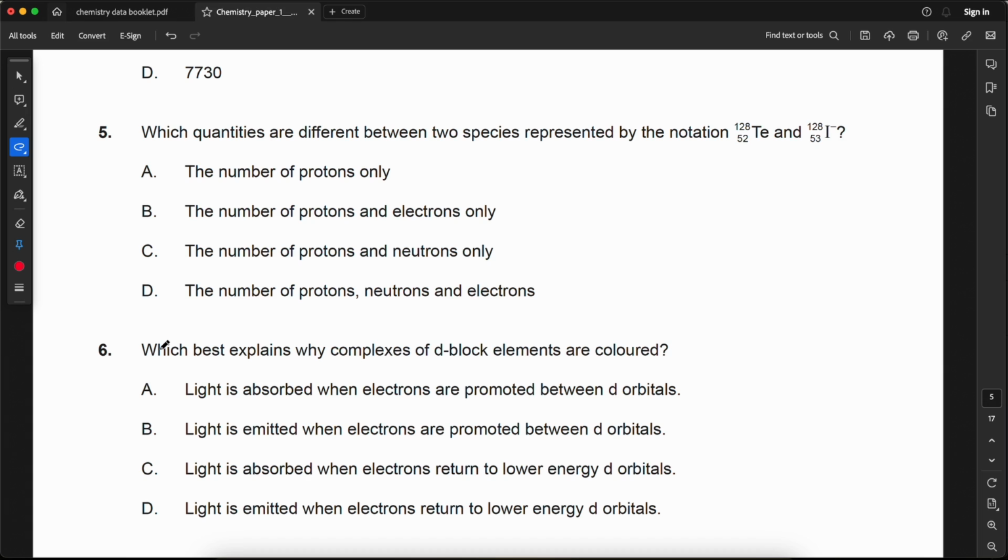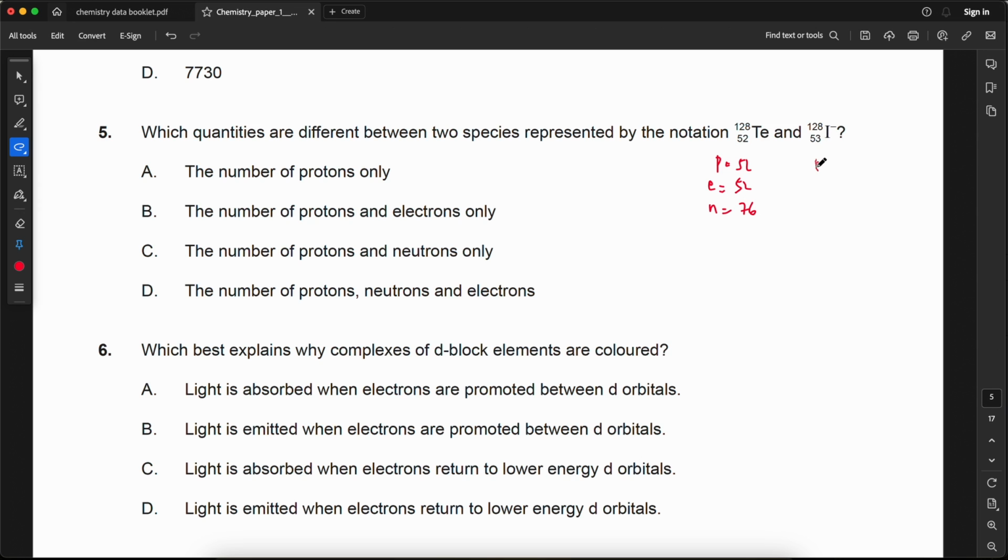Which quantities are different between the 2 species represented by the notation Te-128 with 52 and I-minus 128 with 53? Okay, so let's calculate. Proton will be 52 and electron will be 52 as well because it's not an ion, and neutron 128 minus 52, it's 76.